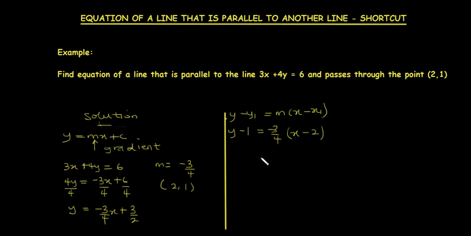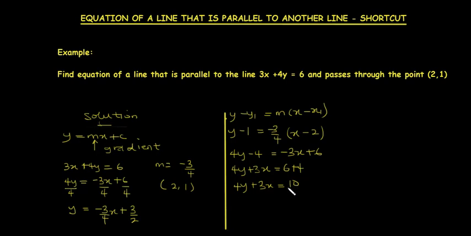So we eliminate the LCM by multiplying through by 4. We have 4y minus 4 is equal to, we expand the bracket, minus 3x plus 6. So we can rewrite this as 4y plus 3x is equal to 6 plus 4, and that is 10. So we have 4y plus 3x is equal to 10.